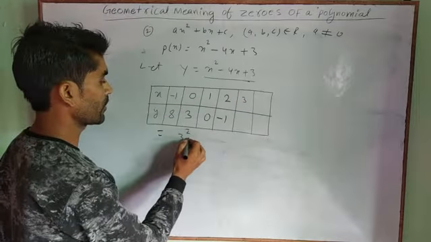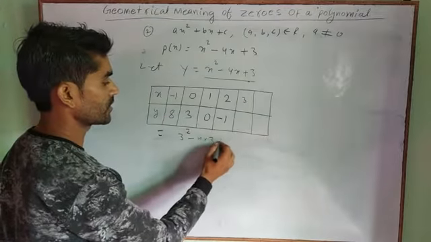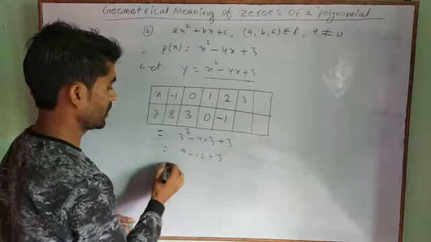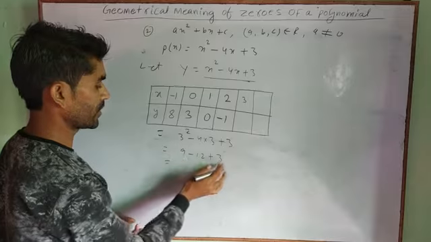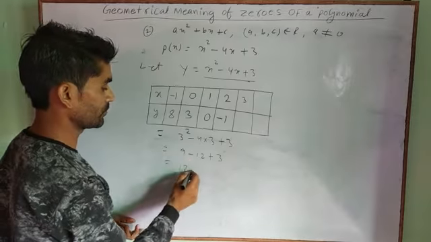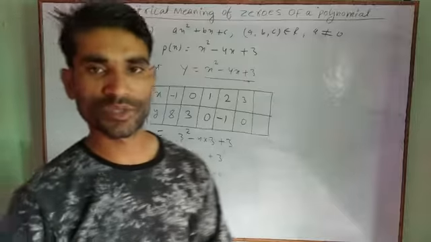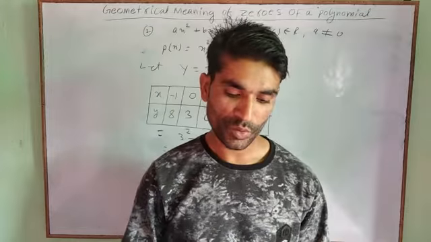So 3 squared minus 4 into 3 plus 3. So this is 9 minus 12 plus 3. Then 9 plus 3 is 12, 12 minus 12 is 0. See, it's a 0. When x is equal to 3, then y is equal to 0, right?